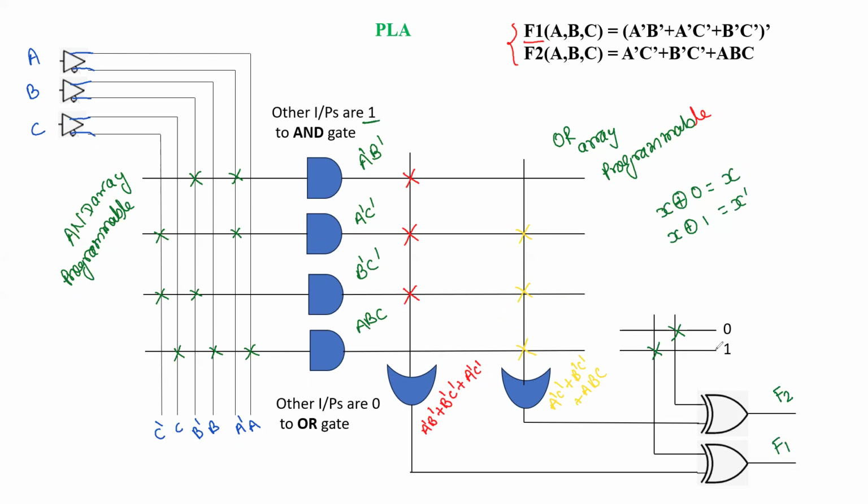If the question does not mention that we have to use a limited number of AND gates, then we will not look for the complement of the function. We'll do the normal K map, and whatever product terms are there, we are going to implement. But from the design point of view, we try to minimize the number of product terms so that cost is also reduced and it can be economical.